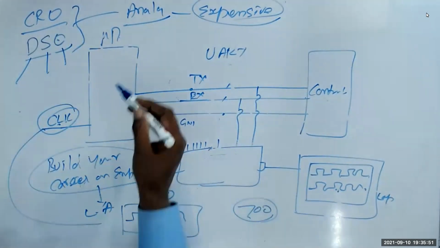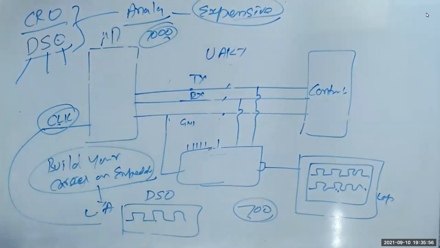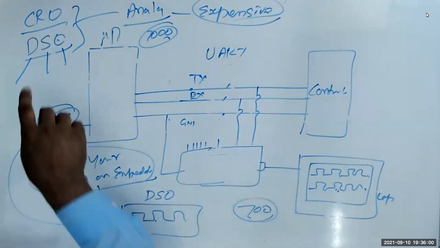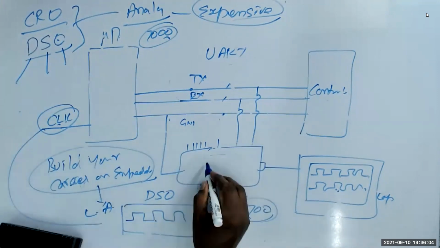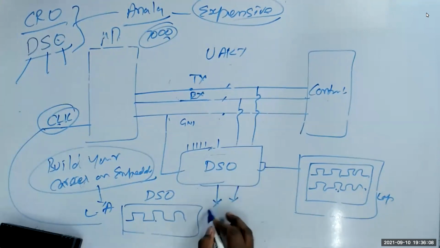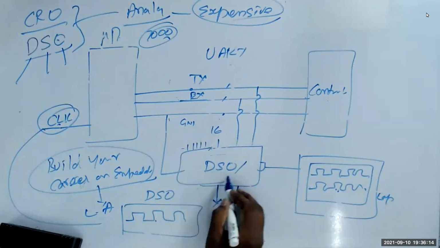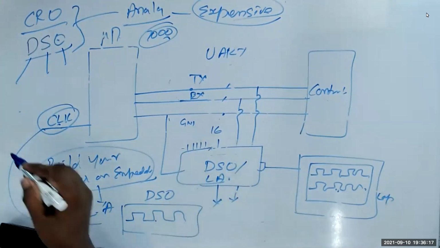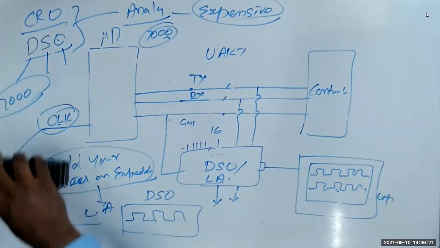It costs only about 7,000 rupees, and 6,000 is a wonderful one. You have a dual channel DSO, and that also has a logic analyzer built in. I have a DSO with 2 analog channels and about 8 or 16 digital channels, so it is a DSO with a logic analyzer. This is available in the market for about 7,000 rupees. Even cheaper ones are available, but they are not very standard. 7,000 rupees is a good one.